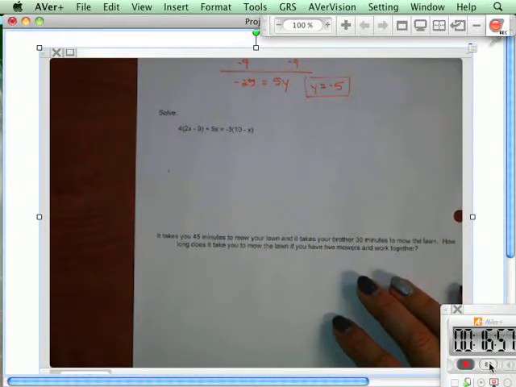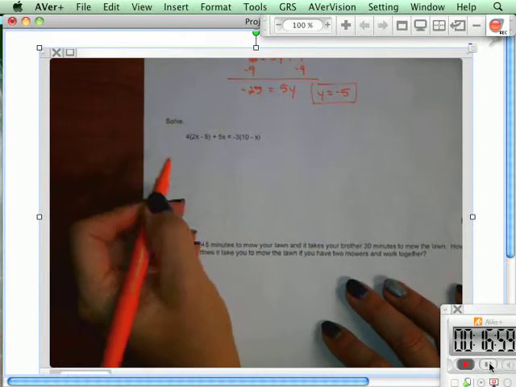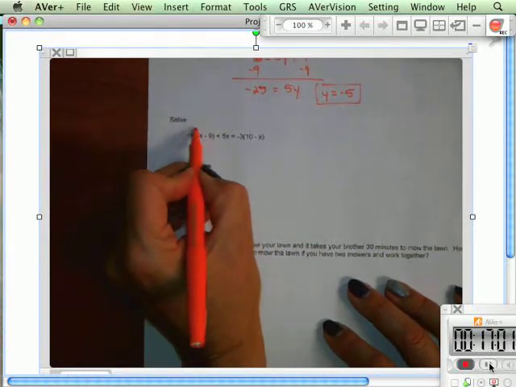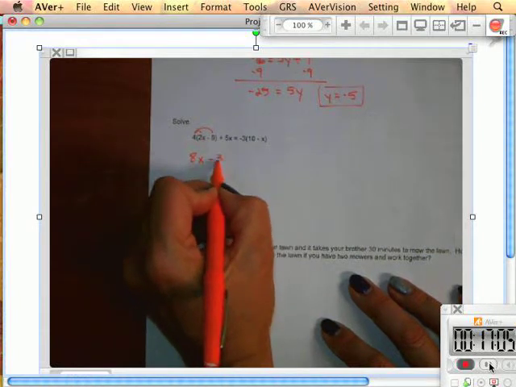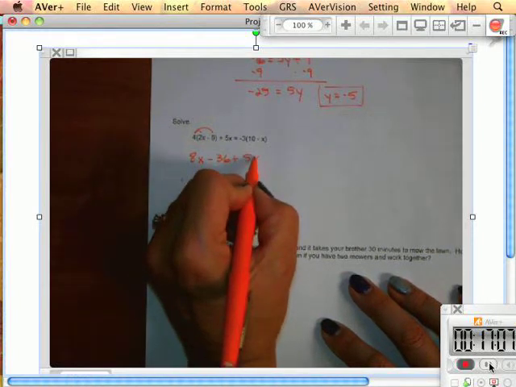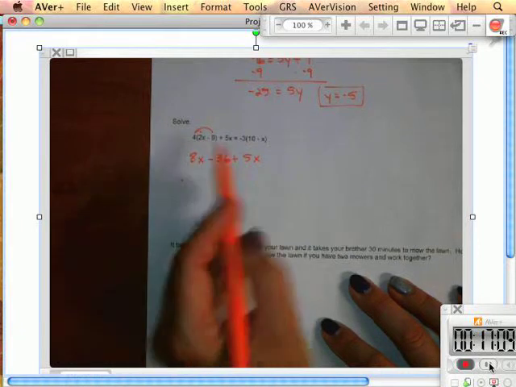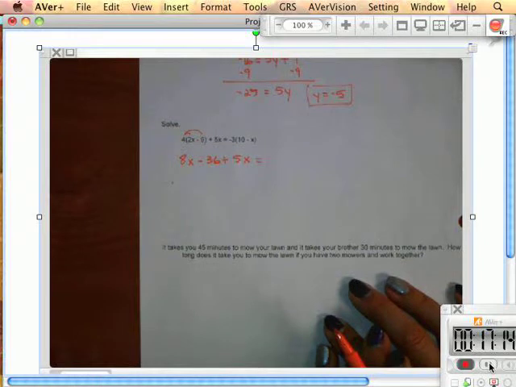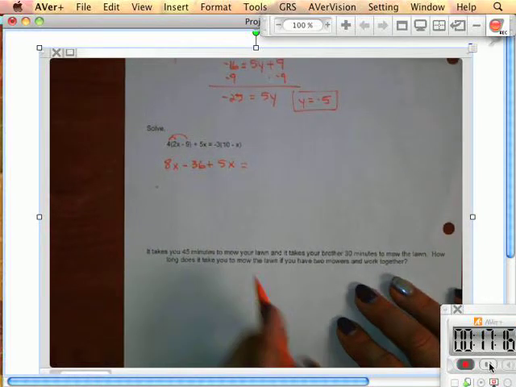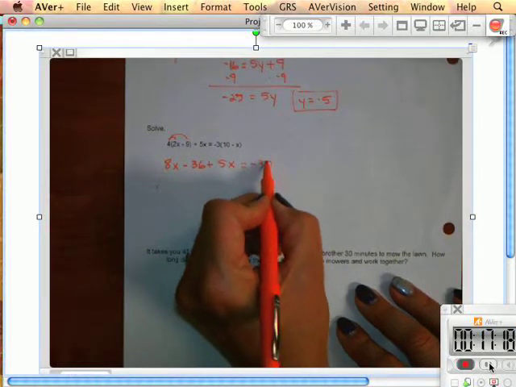Oh, the next one involves fractions. We should do it. Not bad. So if you distribute the 4, you get this plus 5x. So I distributed the 4 on the left side of the equation. Distribute the negative 3 on the right side of the equation.